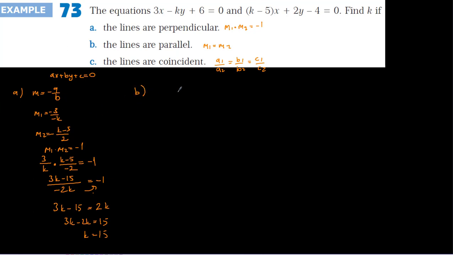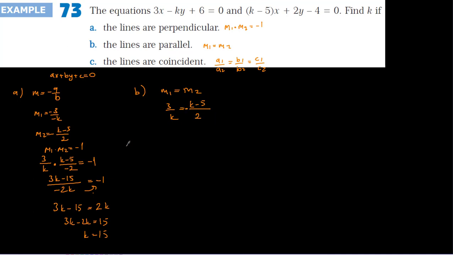The second condition, line M1 should be equal to M2, which is minus 3K over minus K. It should be equal to plus 3, 3 over K. It should be equal to K minus 5 over 2.